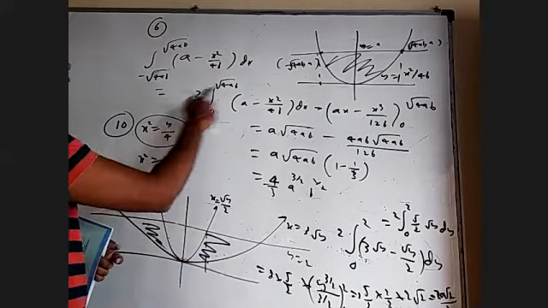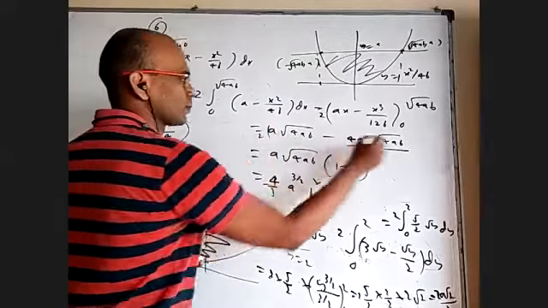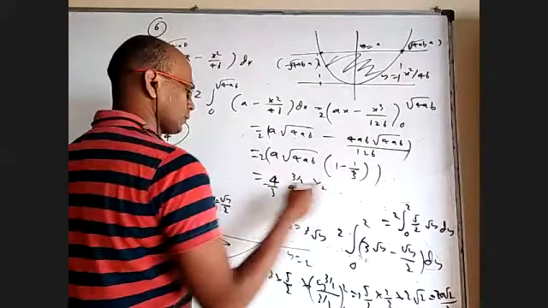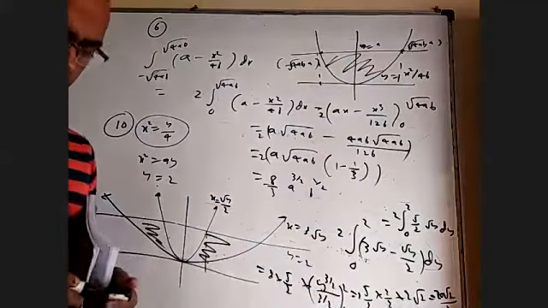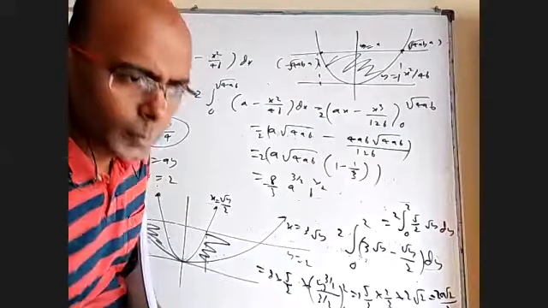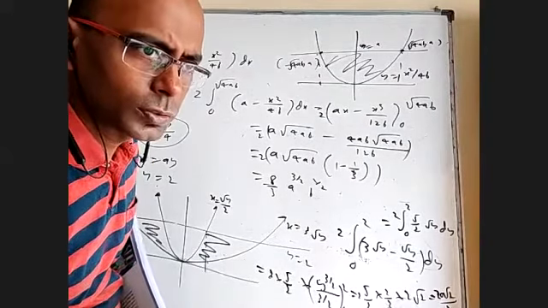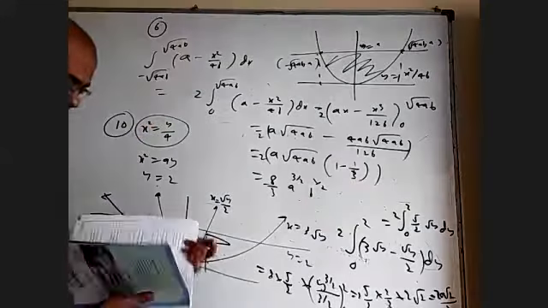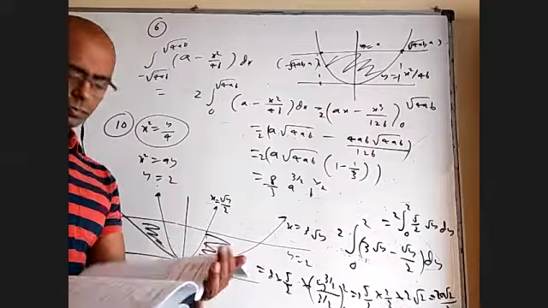This 2 I forgot to carry. Yeah, I wrote 2 here, but I did not carry it afterwards. Okay, then it is 8. Somebody said 16, right? Next, they have doubt. Yes, sir. 16. Okay.